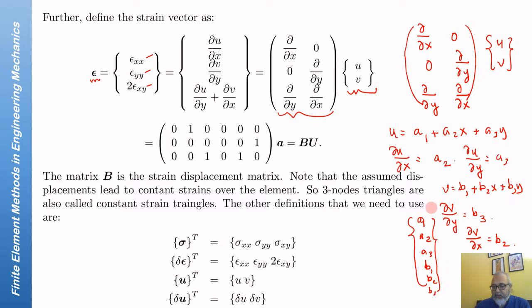This coefficient vector was called A, and if I now want to write these three expressions in terms of this coefficient vector, the first one is just del u del x, which is a2. So I'll have 0 1 0 0 0 0. That gives me a2 as del u del x.